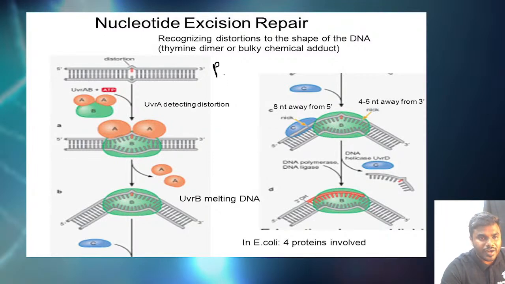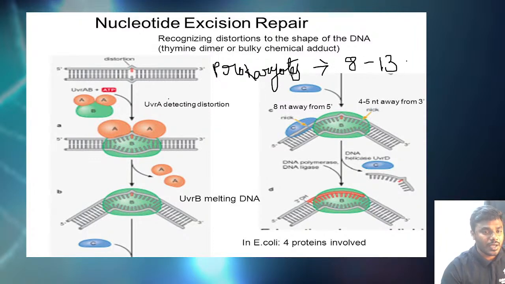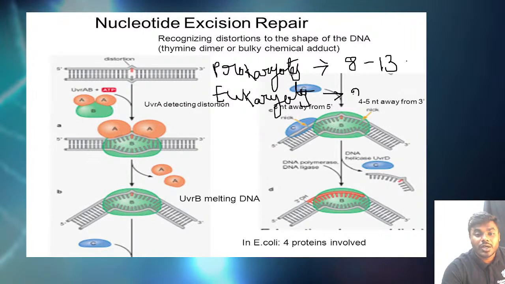Friends, just now I have highlighted, and you have seen in the diagram, in case of a prokaryotic organism, how many nucleotides we have removed? 12 to 13 nucleotides. But friends, I want you people to remember this. If you look into the eukaryotic organism, we will remove 22 to 29 nucleotides at a time.